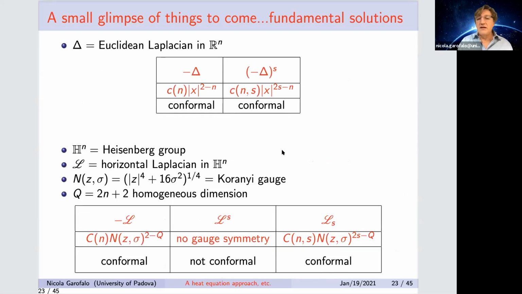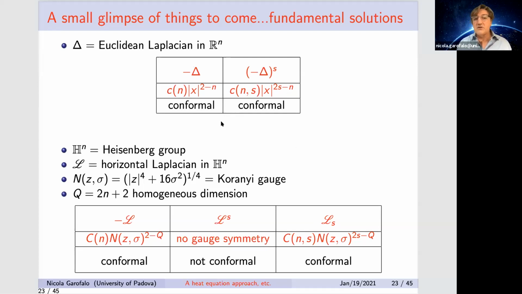So let me give you a little glimpse of what will come, but this is only part of the story. There is much more to it. I have to speed up, otherwise I will beat Juan Luis in overextending my welcome. Anyhow, if we take the standard Laplacian and the standard Laplacian to the s, we have this fundamental solution.